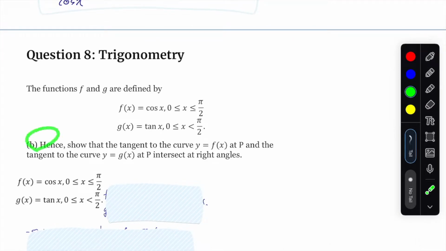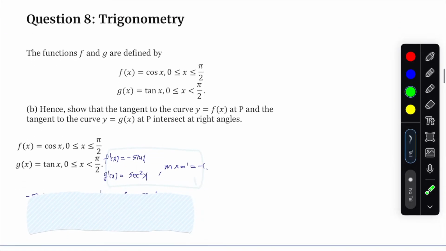And for the second part here, we want to show that they intersect at the right angle, for the gradient of a tangent. That means the product of the gradients of the tangents must be -1 for them to be perpendicular.